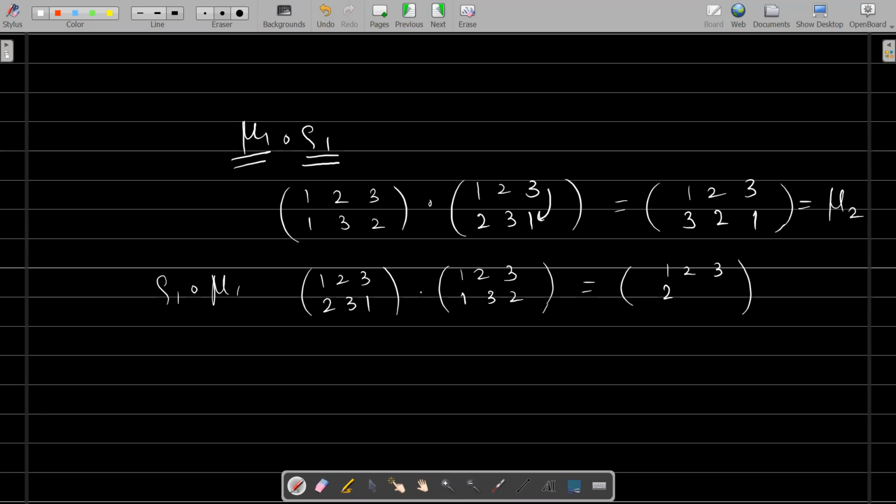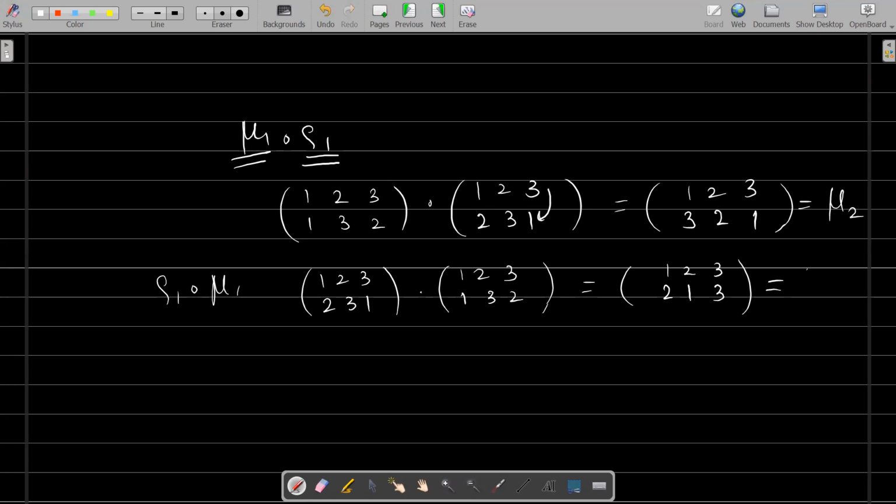You can prepare an equilateral triangle on your own with some cardboard and try these actually working, and you'll get exactly the same positions. So 2 goes to 3, and then 3 goes to 1, so finally 2 goes to 1. 3 goes to 2, and 2 goes to 3, so finally 3 goes to 3.